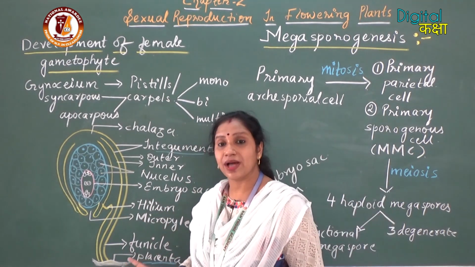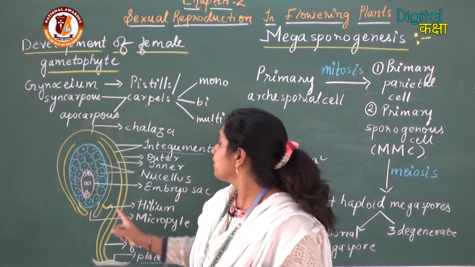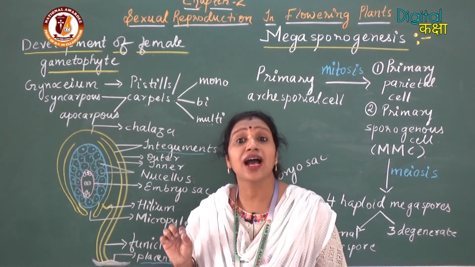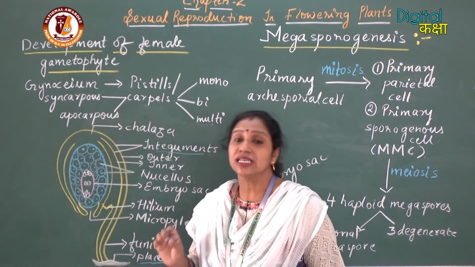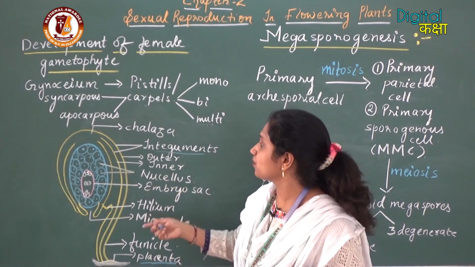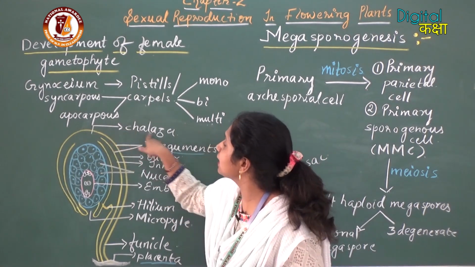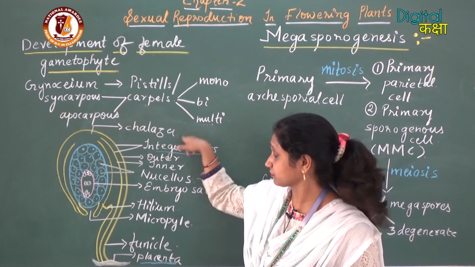So, what is micropyle and chalaza region? Micropyle is the region where the integuments are absent, and opposite to the micropylar region, the region which is present is called the chalaza region.